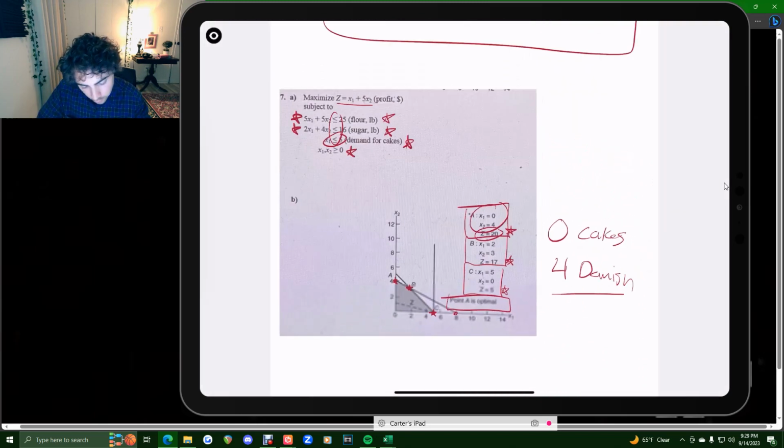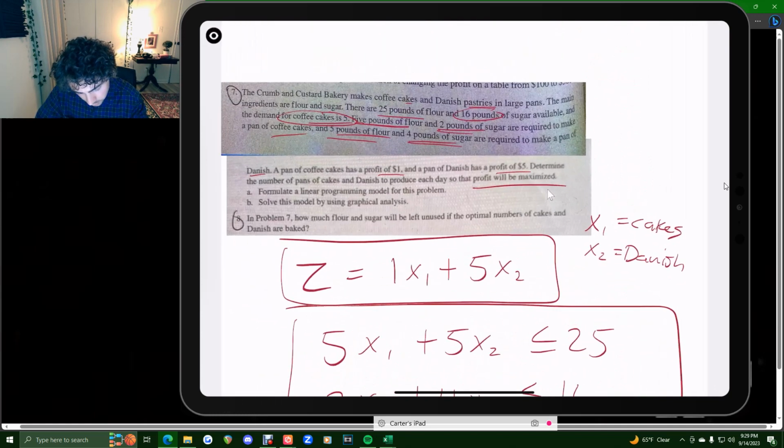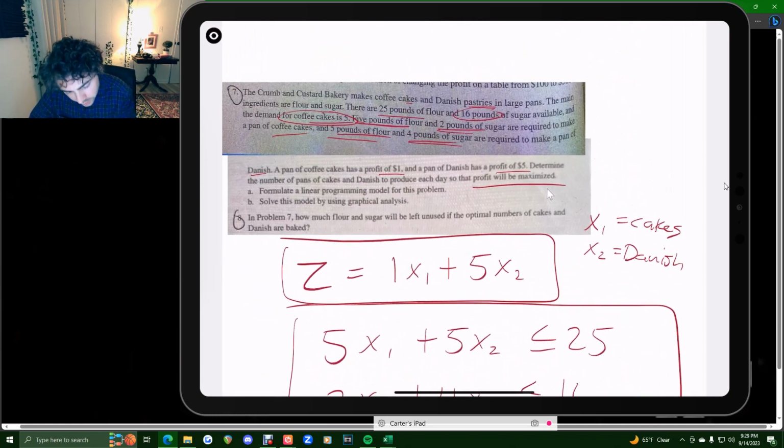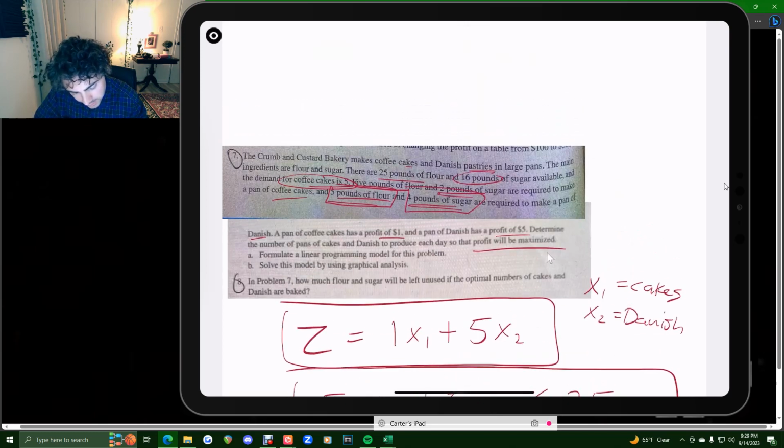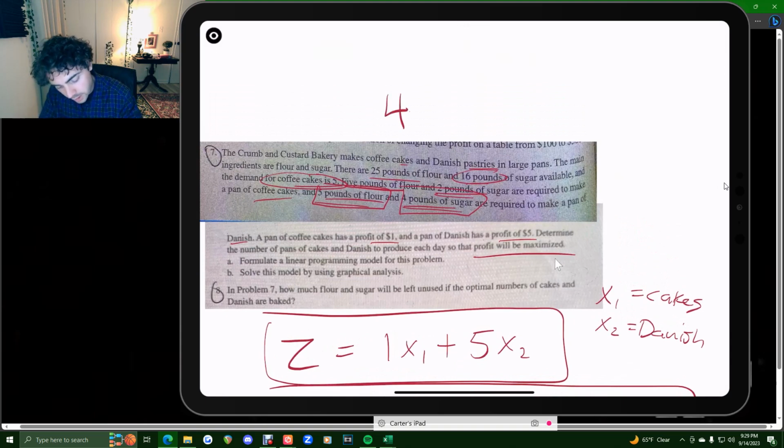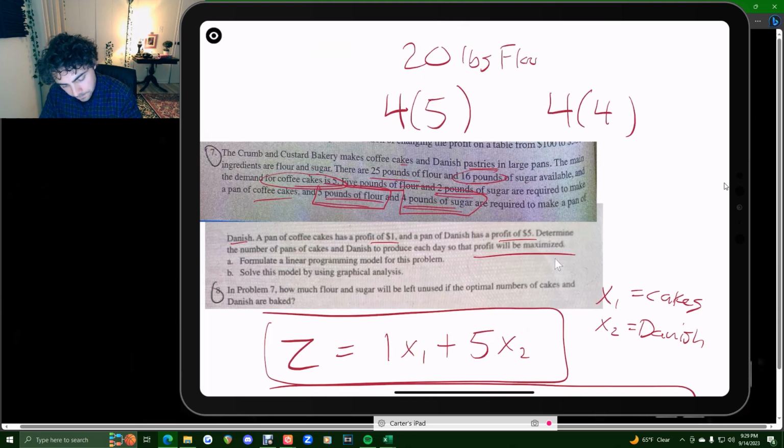But if they made 4 Danishes, well, each Danish pan requires 5 pounds of flour and 4 pounds of sugar. So that's each pan of Danishes. And if we're making 4 pans of Danishes, that's 4 times 5 for the flour and 4 times 4 for the sugar. So they'd use 20 pounds of flour and 16 pounds of sugar.